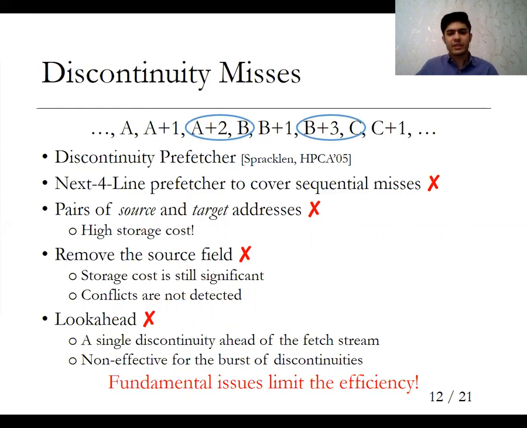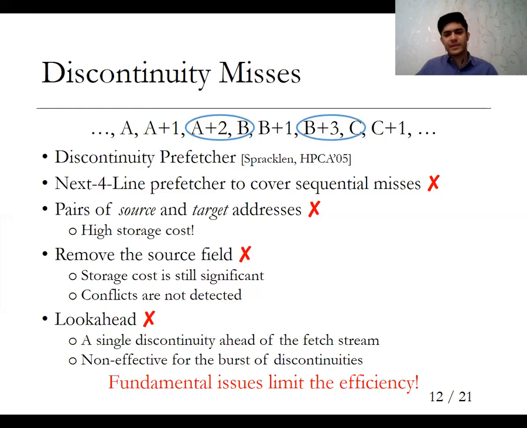However, conventional discontinuity prefetcher has some major shortcomings that limit its efficiency. First of all, discontinuity prefetcher uses a next 4-line prefetcher to cover the sequential misses. Nevertheless, we have shown that the next 4-line prefetcher imposes lots of useless prefetches. Moreover, it manages its metadata in a way that imposes considerable storage cost. Besides, discontinuity prefetcher uses a tagless table.